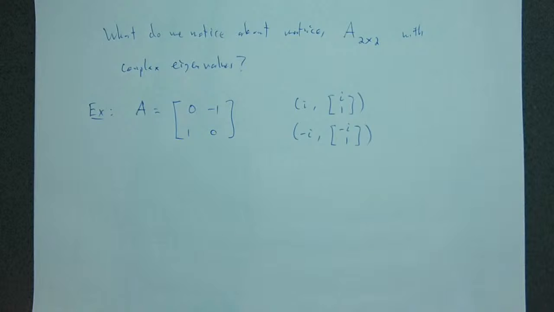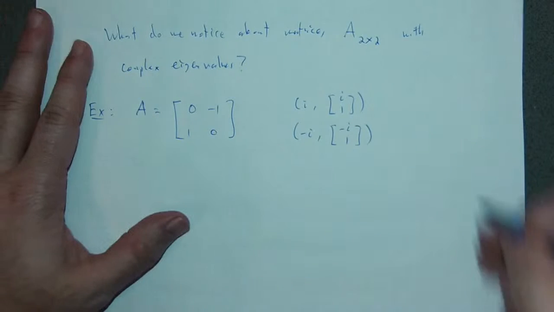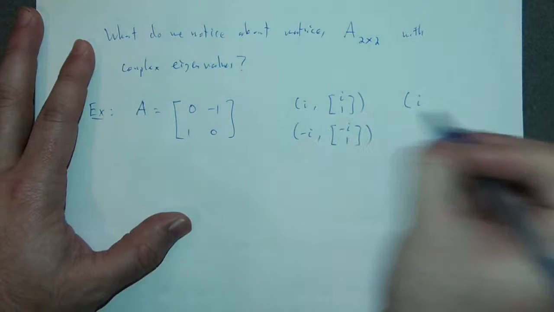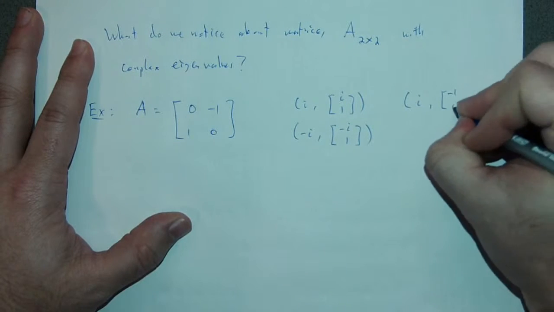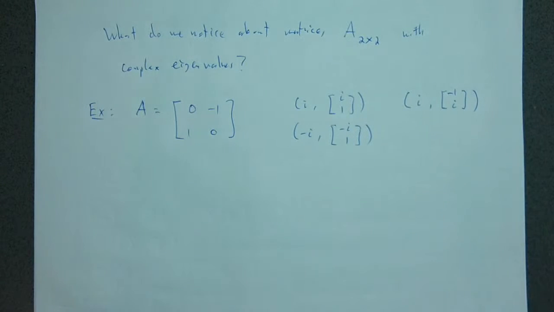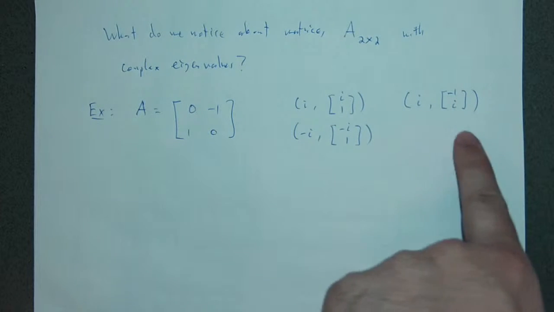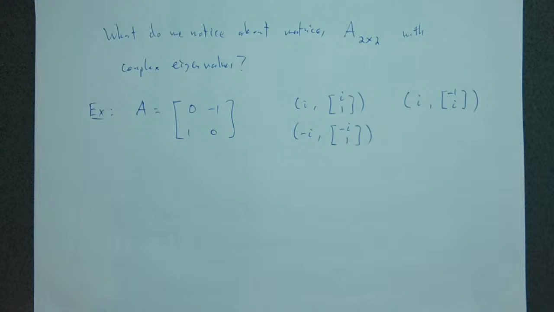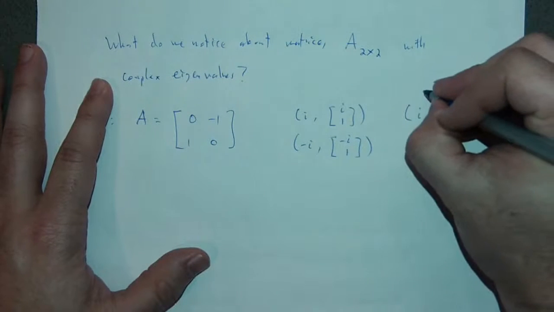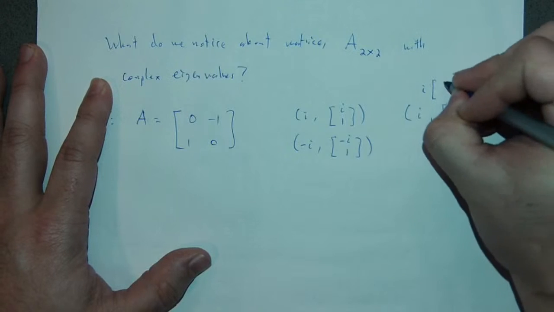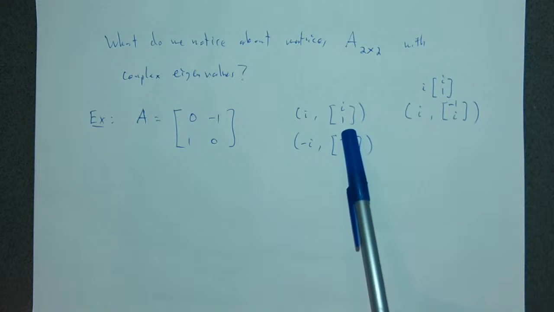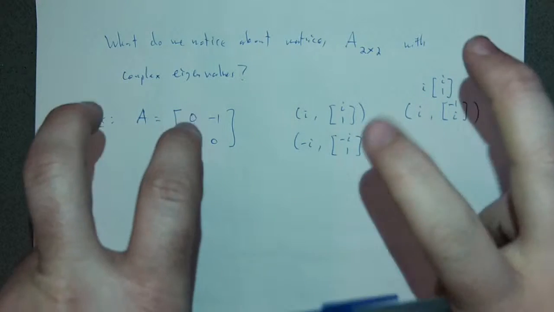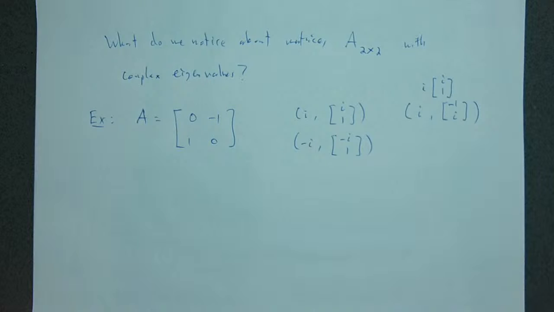We're actually allowed scalar multiplication by complex numbers. So another eigenpair for this would be i, (-1, i). That works. Why does this work? Well, this is scalar multiplication: i times (i, 1). I took my eigenvector from the first eigenpair and I multiplied by the scalar i.